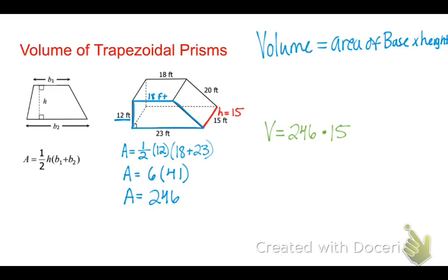Area of the base, our trapezoids, times the height of the prism, which would give me 3,690. So our first step is to find the area of our trapezoid. Then our second step is to multiply that by the height of our prism, that distance between the two trapezoids.